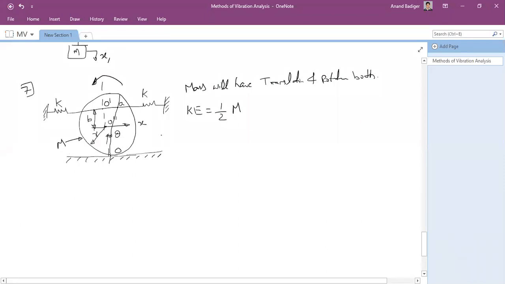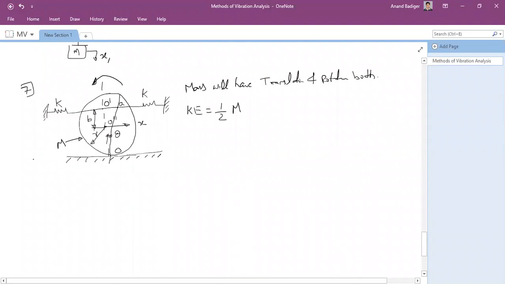So M, when it is getting a translation motion, it is half M v square. The velocity is nothing but the sector of the circle. If I take from this particular point O, it is radius r into displacement theta.